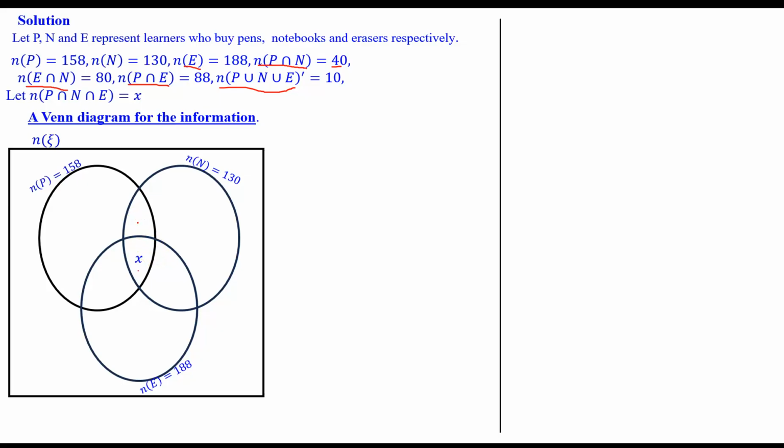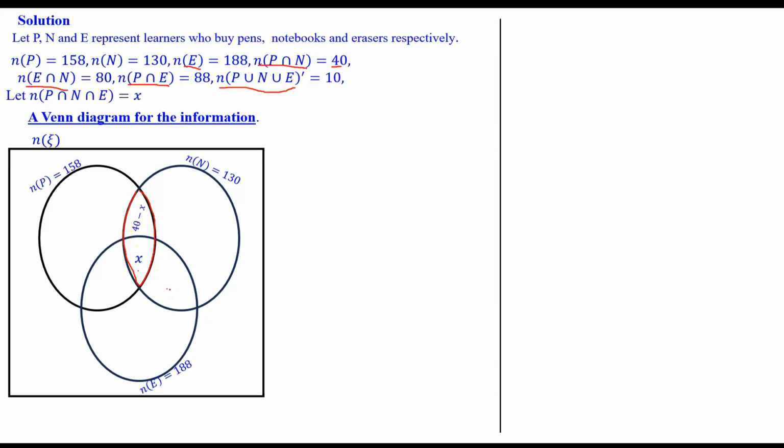Here you are standing in P intersection N. We are given P intersection N as 40, meaning that 40 is for the whole of this part. Since we already have x inside, we fill here using 40 minus x, such that when you add them together, you get 40. So that will be 40 minus x.